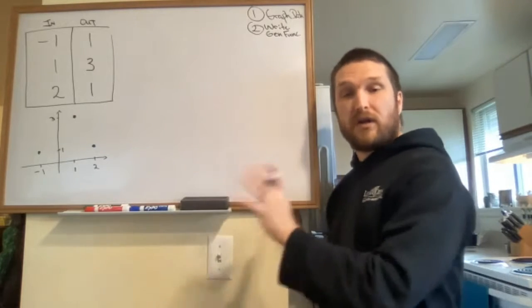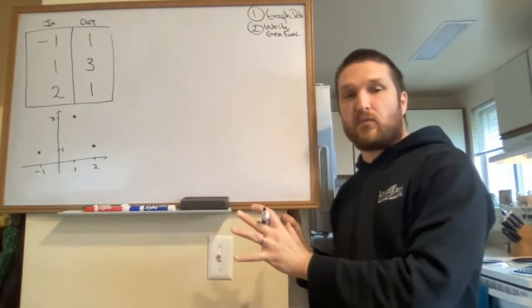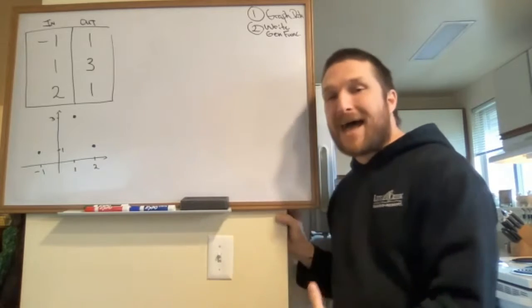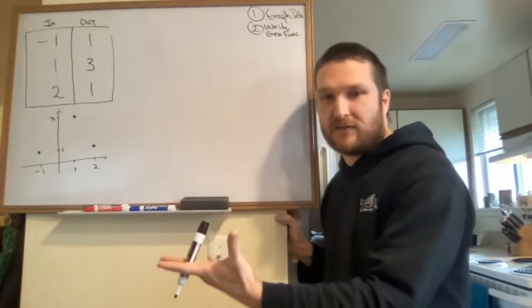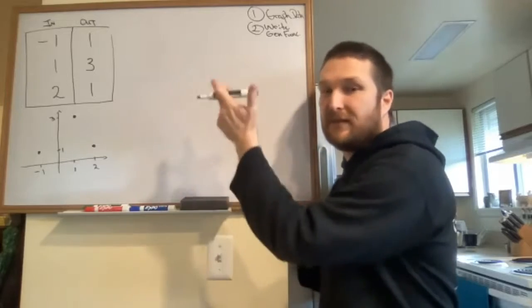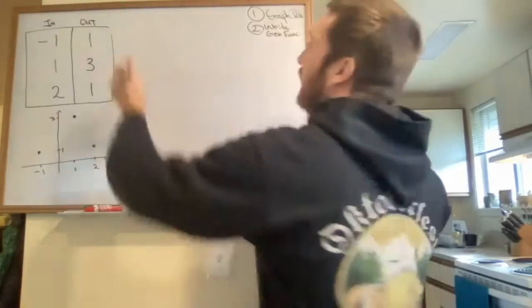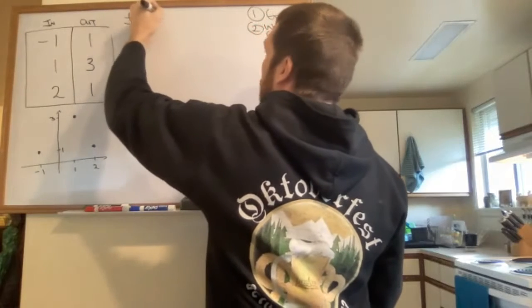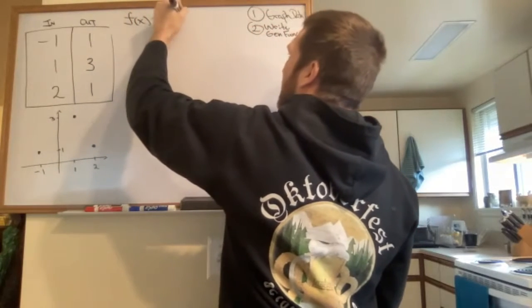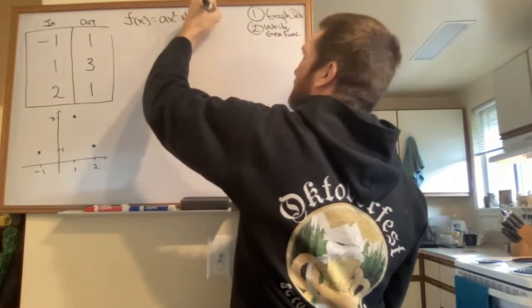So now, in your homework, we're going to be using quadratic functions to model the given data. A general quadratic function is, well, we've seen this 1,000 times, ax squared plus bx plus c.